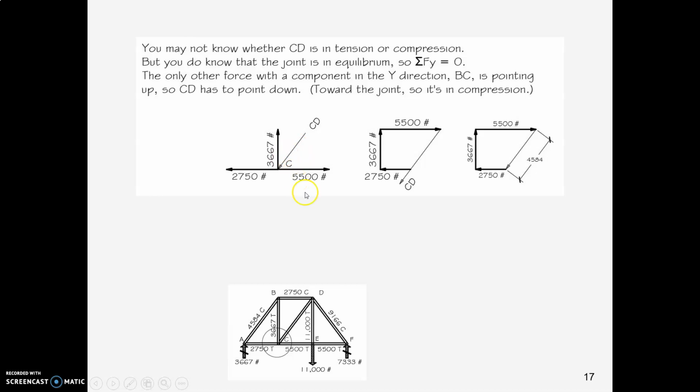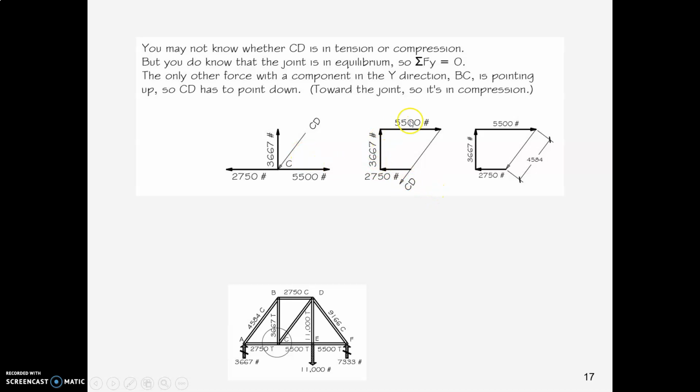There's my free body diagram. And again, I don't know whether this slopey one is in tension or compression, but I know that I've got one bar in tension for sure, because I figured it out before. It's pulling away, it's pointing up, so this bar has got to be pushing down for it to be in equilibrium. Some of it up, some of it down. So that's what direction I drew that arrow.